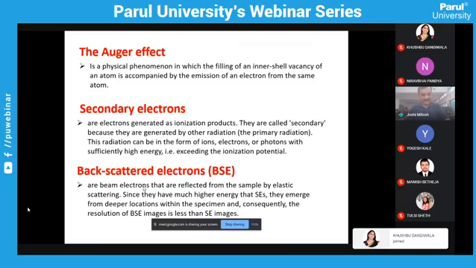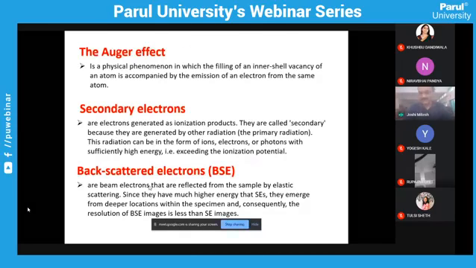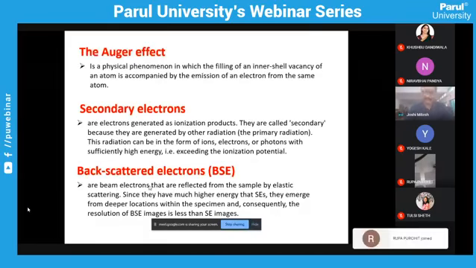The Auger electron is a physical phenomenon in which the filling of an inner shell vacancy of an atom is accomplished by emission of electrons from the same atom. When a core electron is removed, leaving a vacancy, an electron from a higher energy level may fall into the vacancy. That results in some energy, although most of this energy is released in the form of photons.